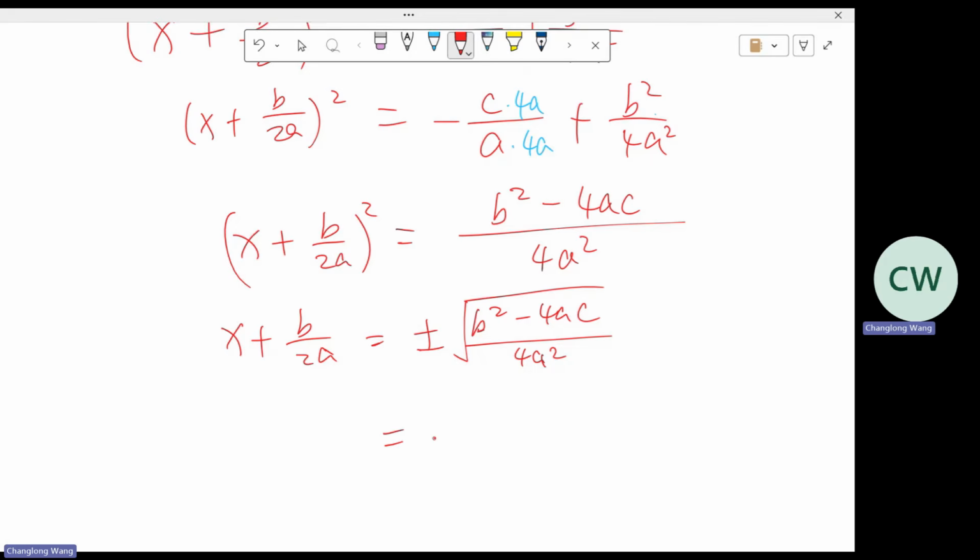So if you don't mind, let me write it as the square root of that famous combination of the three letters, b squared minus 4ac. Remember that? The teacher called it the discriminant. Over the square root of 4a squared. So you have the same left-hand side.